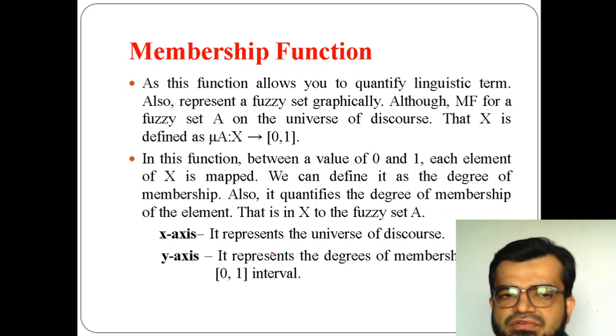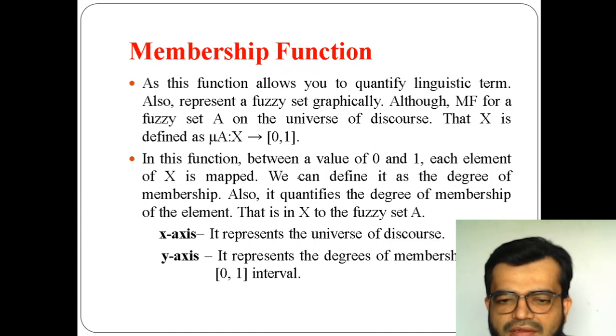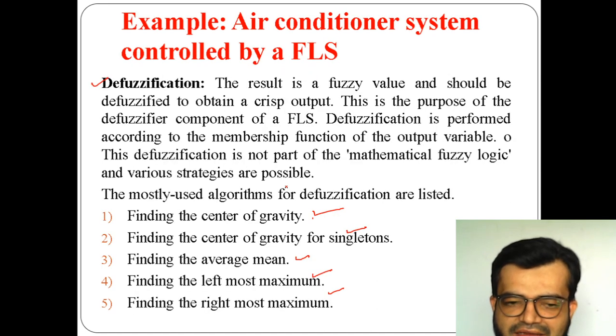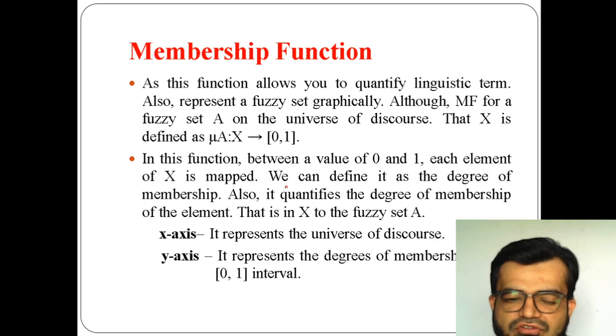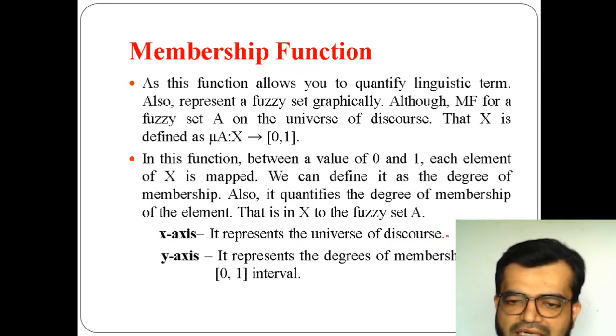This membership function is a set A on the universe of discourse. That means the universe of the x axis. It is a graph, and the x axis contains temperature, which we have taken as 0 degrees, 10, 20, like that. That represents the universe of discourse, that is, the data on which the membership has to be performed.